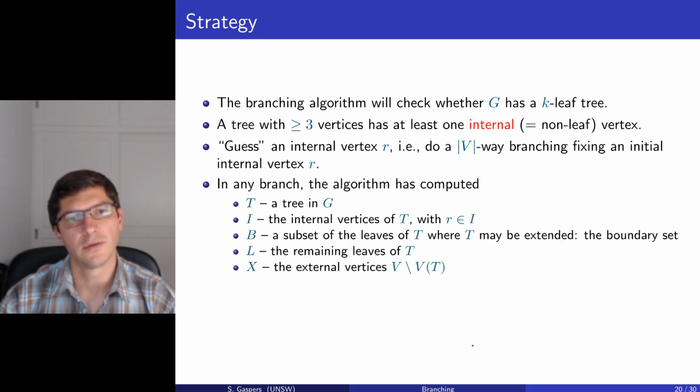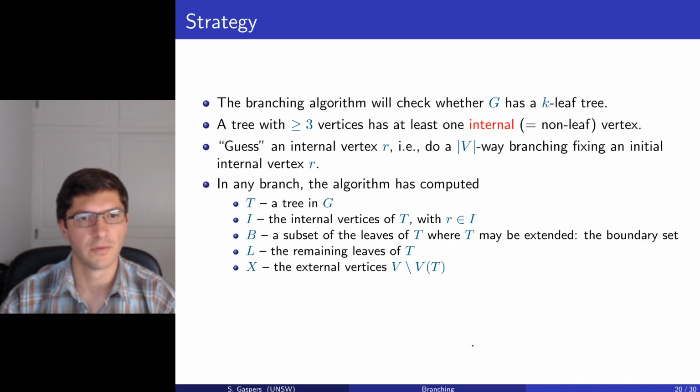So now assume that in any branch that it's considering, the algorithm has already computed a tree, a subtree of G. So this tree has a set of internal vertices I that contains this special vertex R. And then it has a set of leaves. A leaf of this tree T has one of two types.